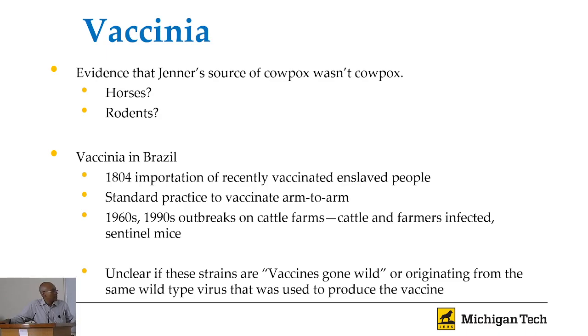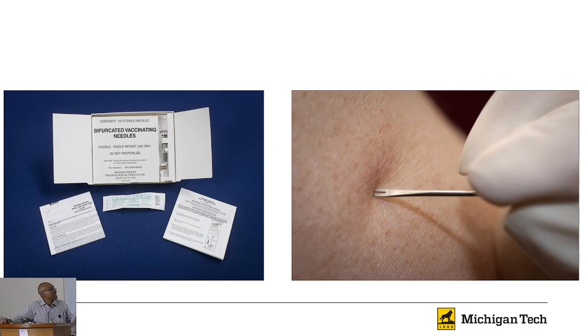It's unclear whether those strains are vaccinia gone wild or originated from the same source. These are the kind of questions still there, because there is not too much reporting, like right now. But at that time Edward Jenner said it is cowpox, everyone had to believe it, and whatever Edward Jenner reported. So those are the questions.